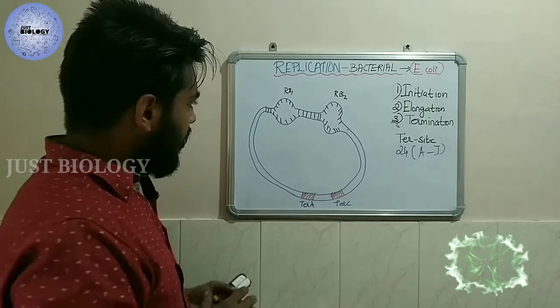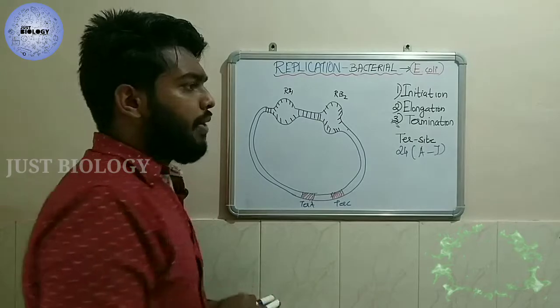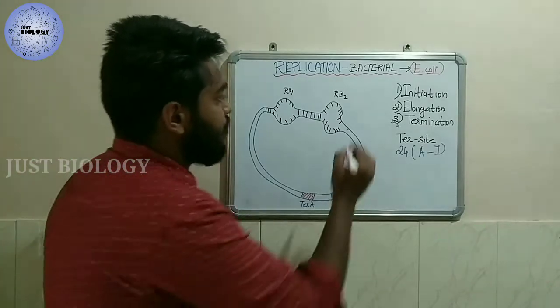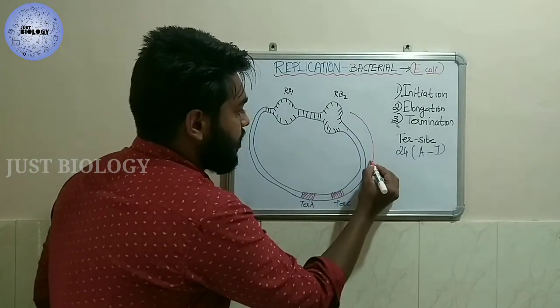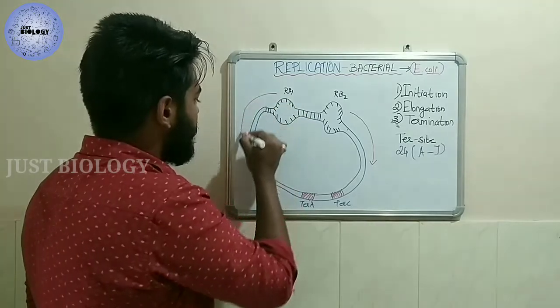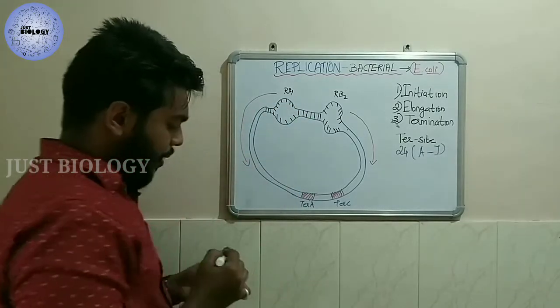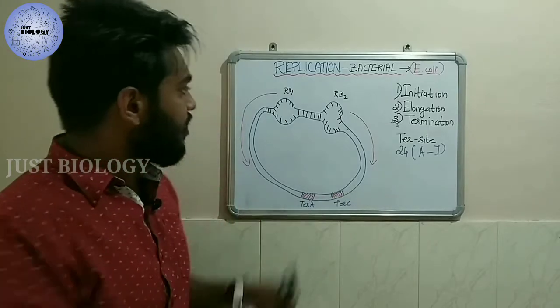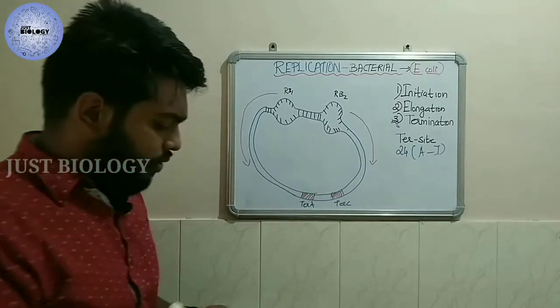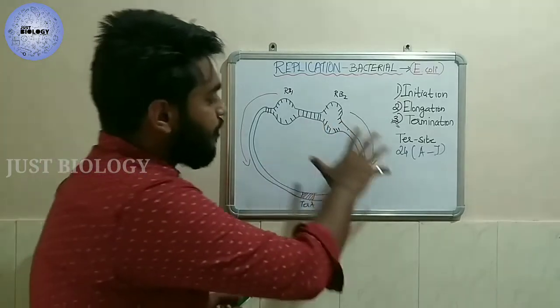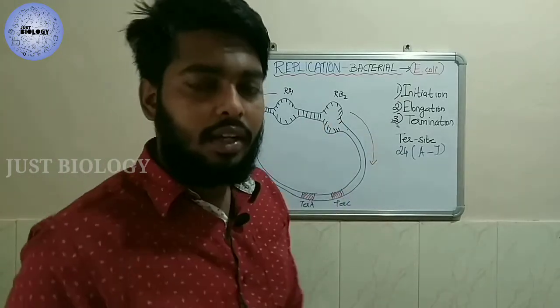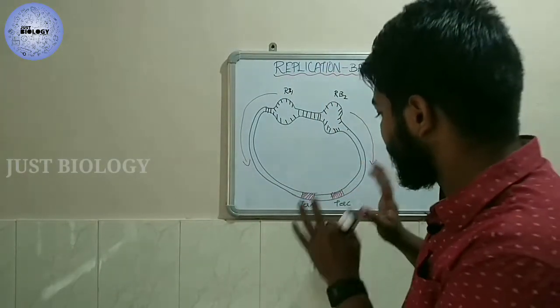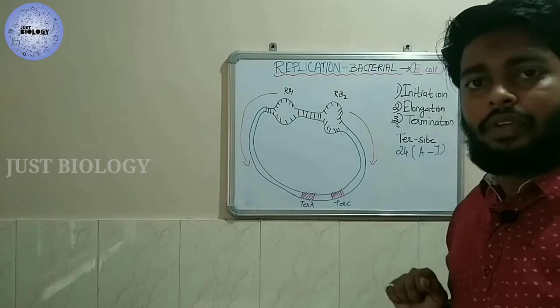Now this bubble RB2 will move in a clockwise direction and RB1 will go anti-clockwise, and that we know. Now how is this process blocked, and how is this termination catalyzed?